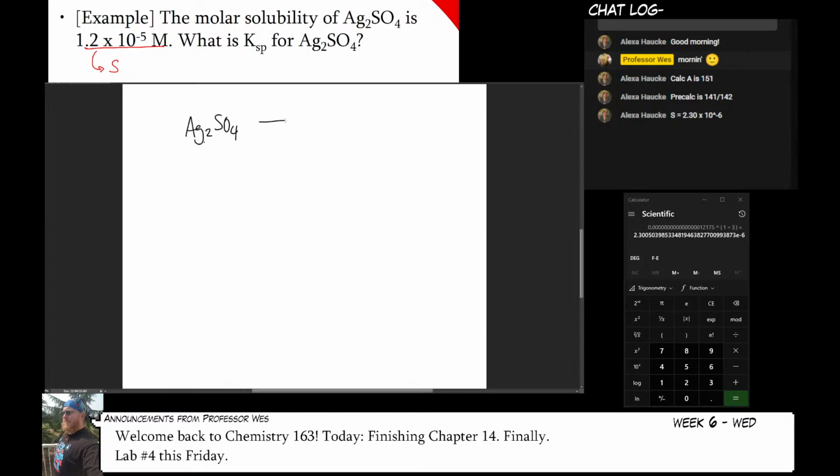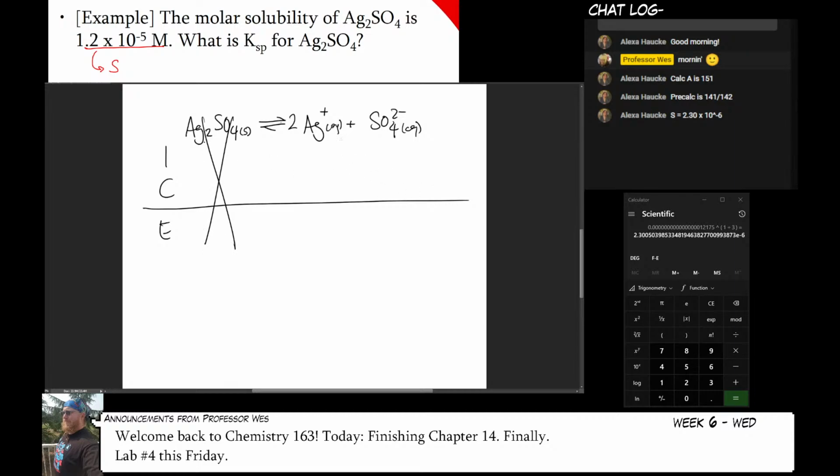if we write out our ice table, it'll look like this. And then what we can do is we'll cross this one out because we don't care.